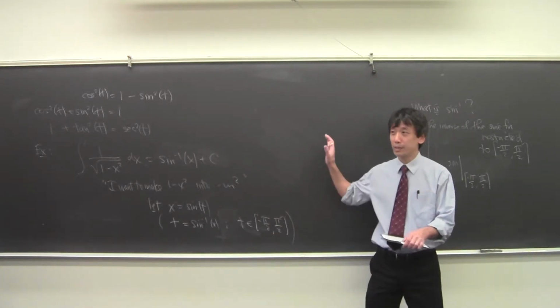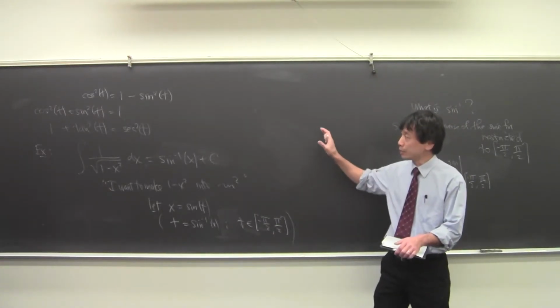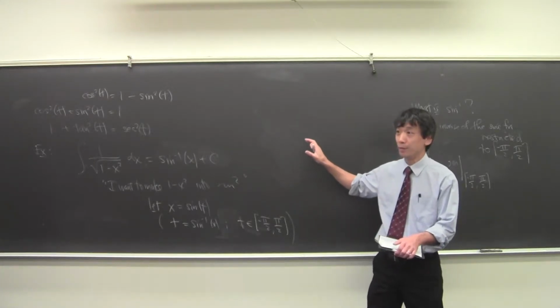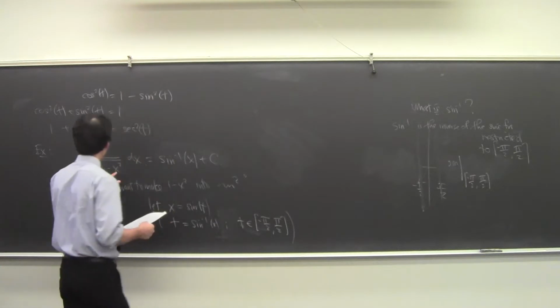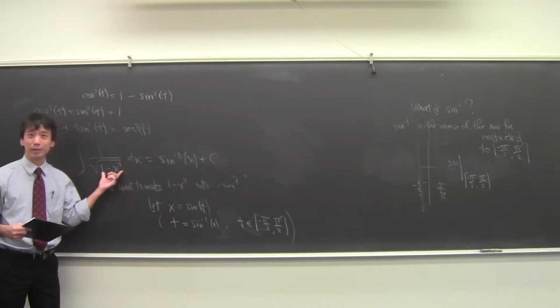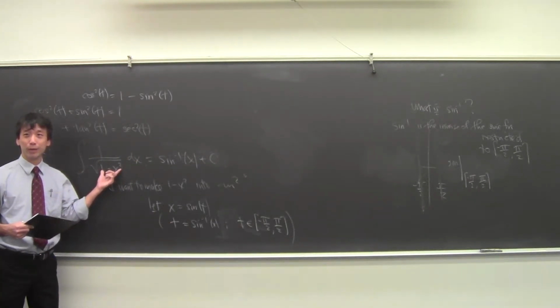Okay, so that was the example, right? And just to give you a sense of the method, the method is, just try and figure out how to get a square in here using the Pythagorean identities.